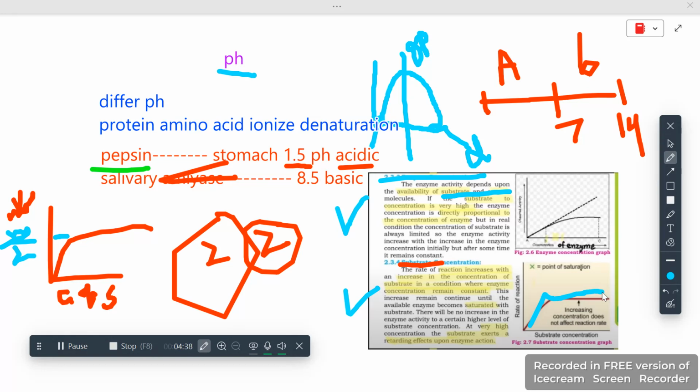But what if we have provided more? At this stage they get denatured. You can read this as well: increasing concentration does not affect the reaction. If you increase the concentration, it will not really affect the activity of the enzyme, just because they have reached the optimum rate of reaction.